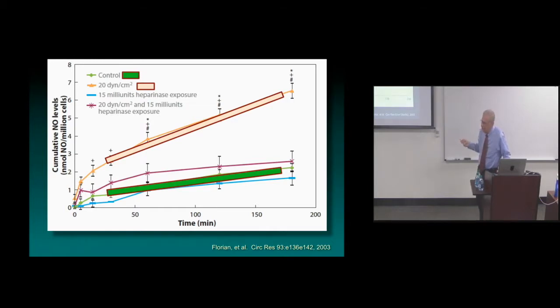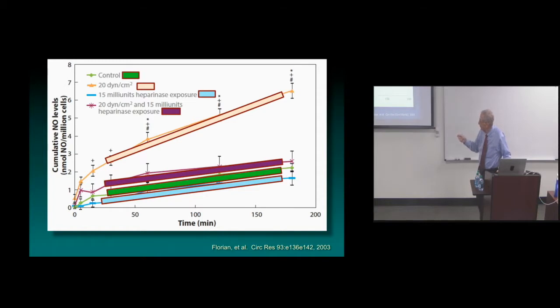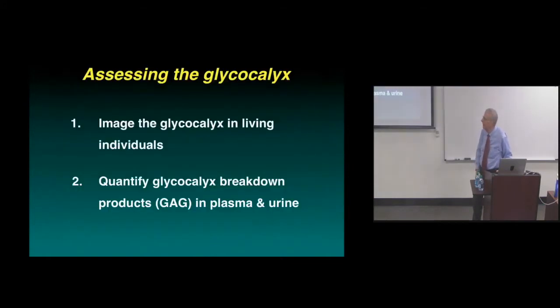If you first treat those endothelial cells with heparinase, an enzyme that takes away certain glycosaminoglycans, in the control nothing happens. But in the same cells that you did the flow over, here in purple, you abolish the ability to make nitric oxide, demonstrating how important the glycocalyx can be for transducing pressure signals.